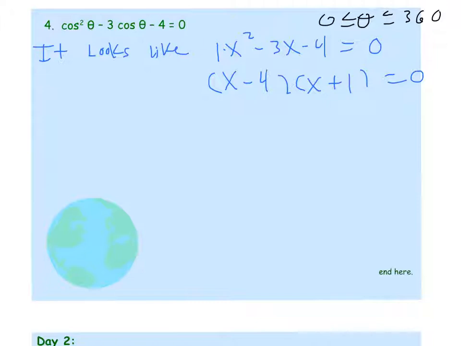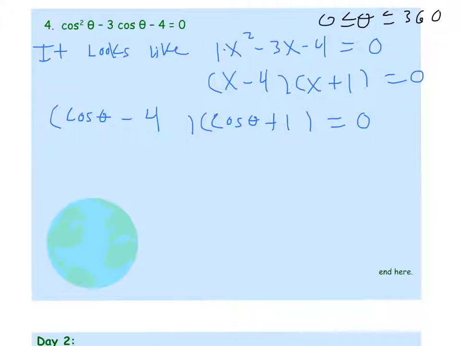So now going back to cosine, let's write it the exact same way, but where we see x, replace that with cosine of theta. So I could factor this as cosine of theta minus 4 times cosine of theta plus 1.